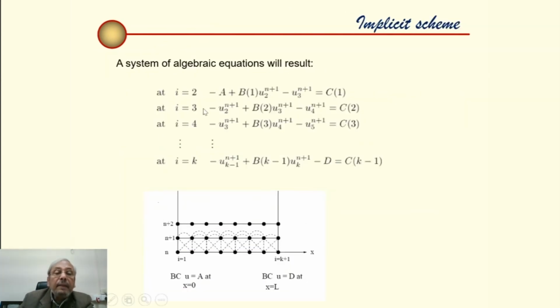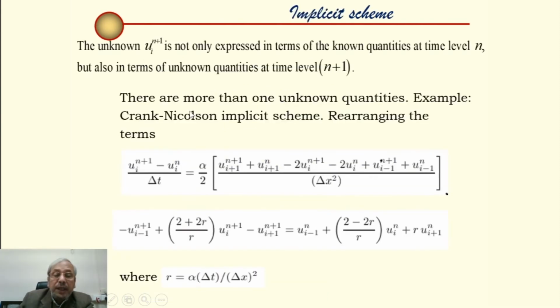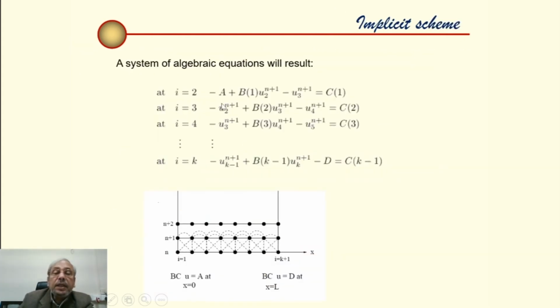It is falling at the left extreme, the boundary condition. We have written minus A. Similarly, at i equal to 3, if we substitute, we will get u2, u3, u4. So we can see u2, u3, u4 at n plus 1th level, and we can write the associated signs and coefficients.